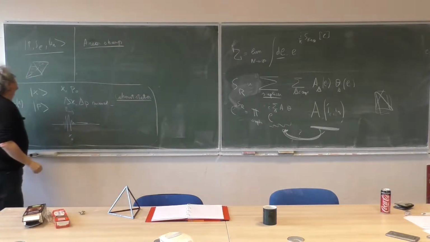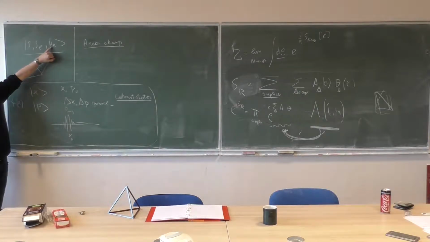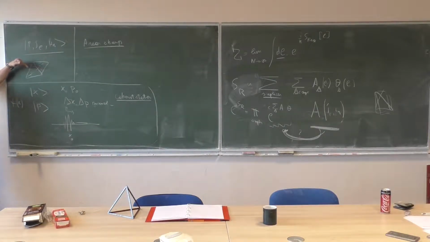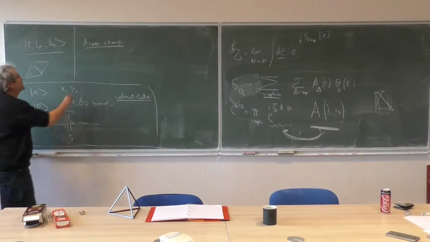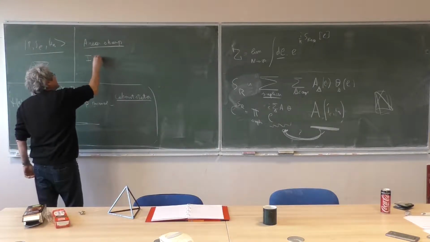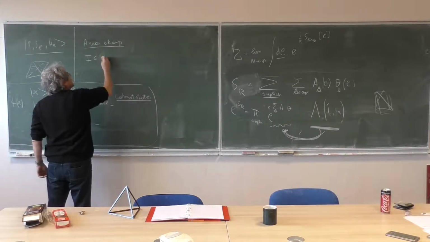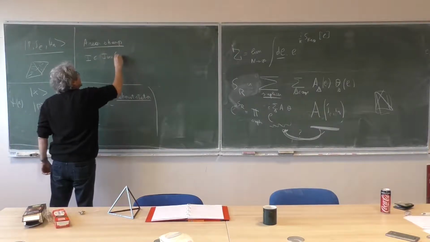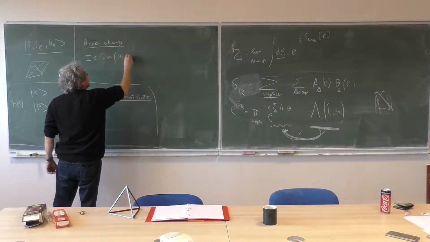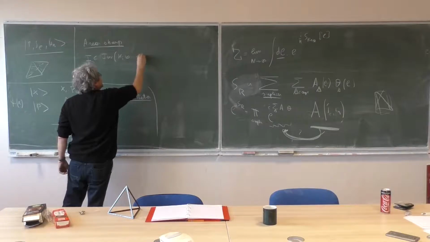Okay. But the intertwiner describes as best as possible a given geometry of the tetrahedron, right? The intertwiner is an element of the invariant part of H_j1 tensor ... H_j4.